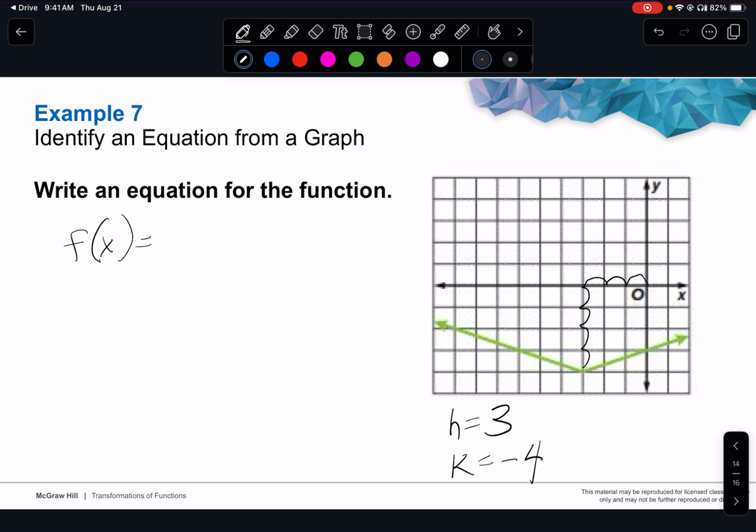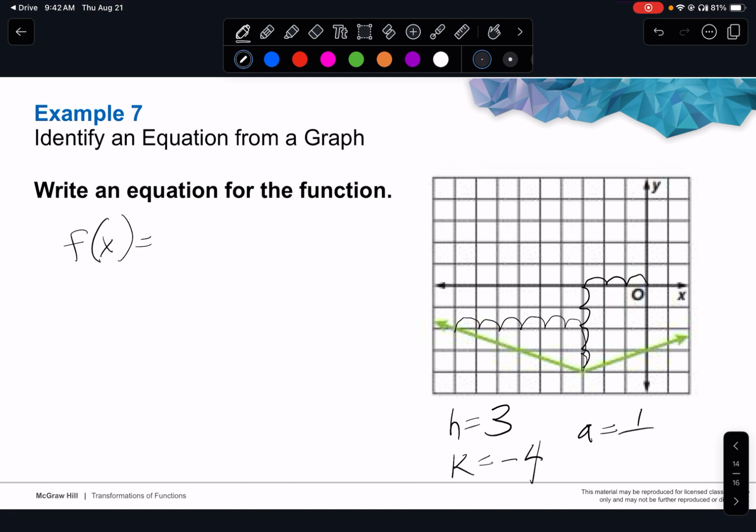All right, then for my a value, we can use the line here. Normally, our absolute value would go right through here, 1 to 1, just like that. Well, it doesn't. It goes up 1, 2, and then it goes over 1, 2, 3, 4, 5, 6. Or if you notice it goes up 1, over 1, 2, 3.